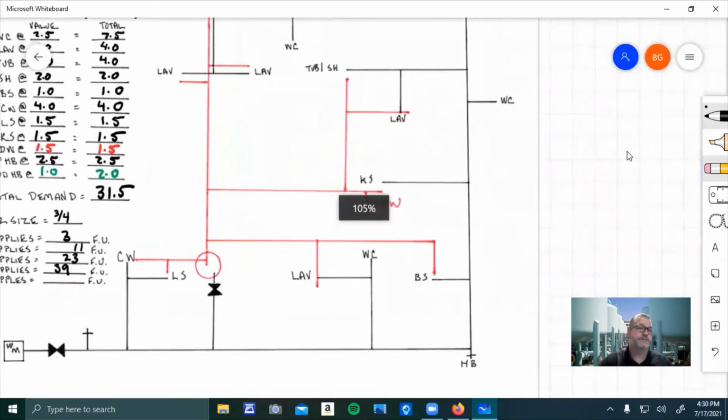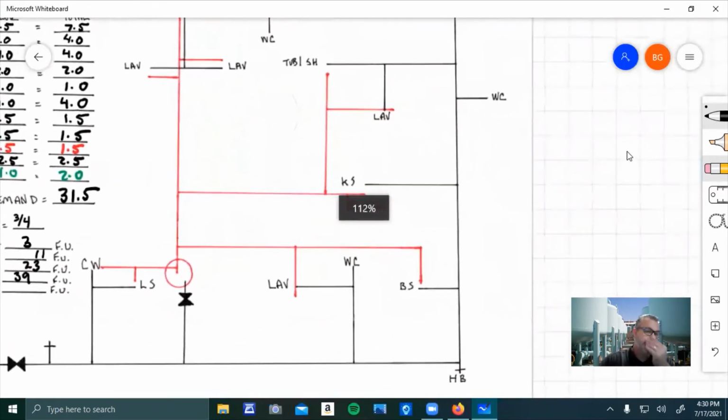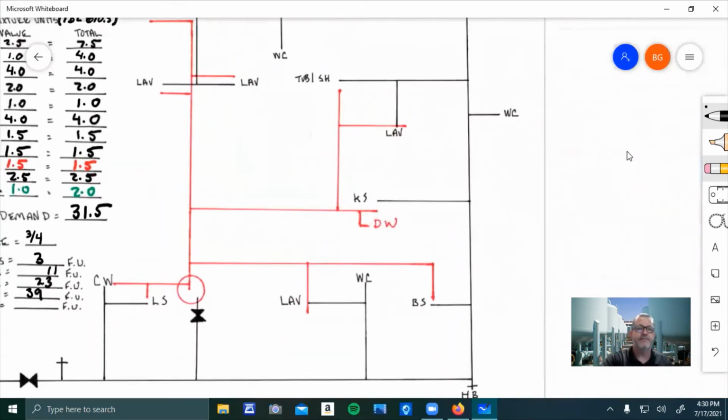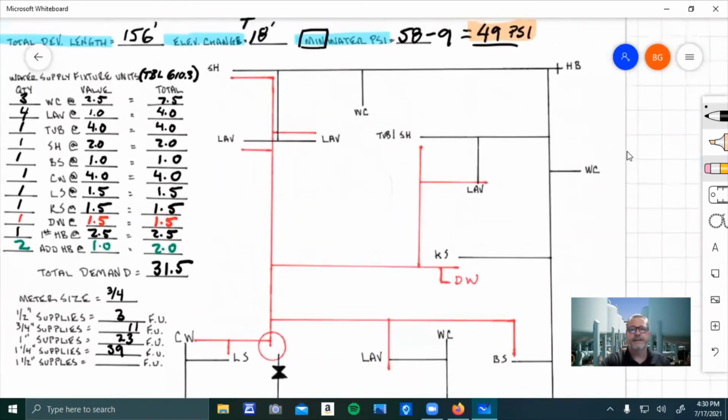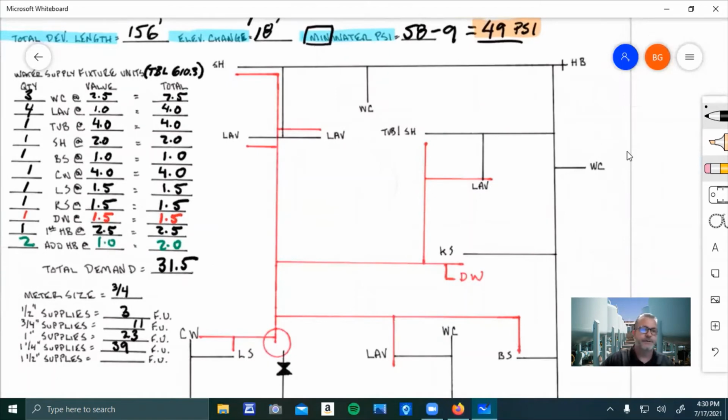And really start to analyze this and size it out according to the information that we have. Okay, and the information we have, it's all right here. So everything we need to know is right in here, okay, and right here. That's all we need. That's it.